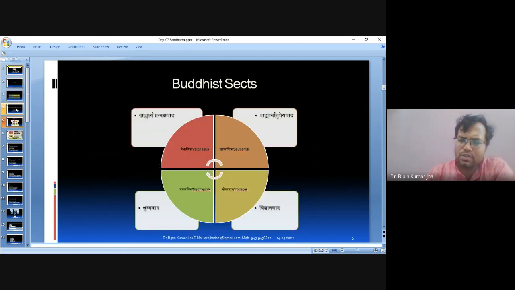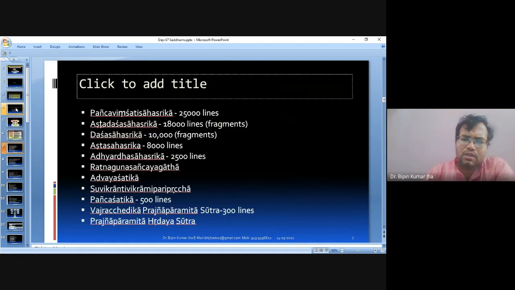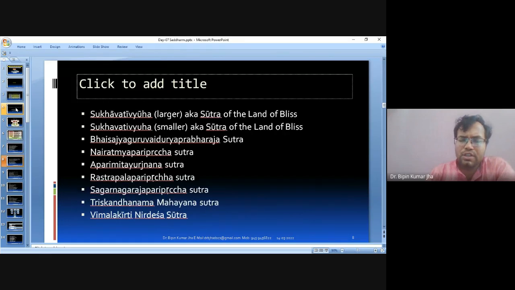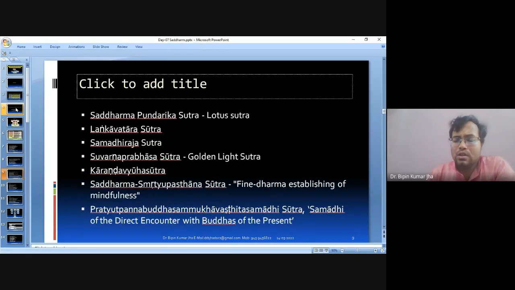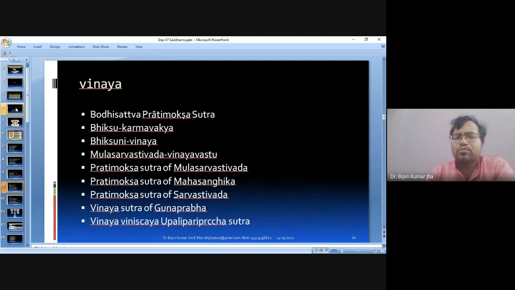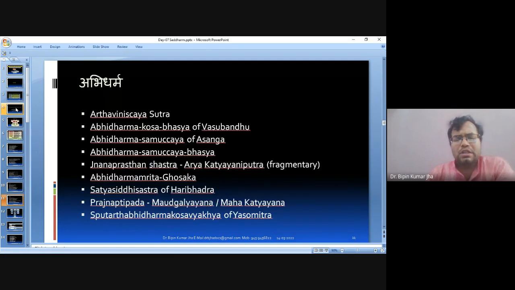I mentioned that not only the Saddharma Pundarika Sutra, but a lot of texts have been either originally written in Sanskrit or translated into Sanskrit. I am talking about Buddhist texts right now, because most of you belong to the field of Buddhist philosophy. That's why I took Buddhist texts, but not only Buddhist texts.